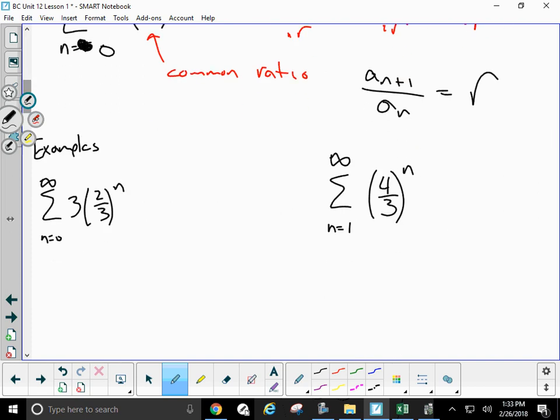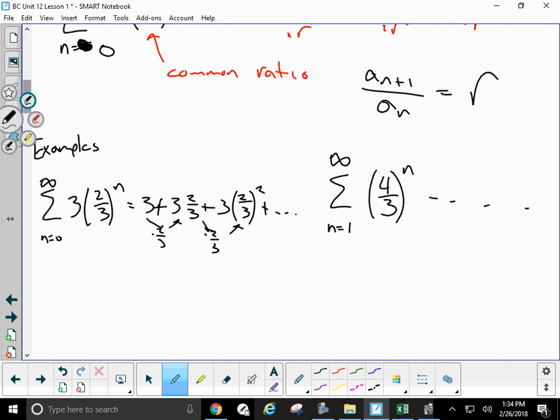Here, n starts at 0, so I have 3 plus 3 times 2/3 plus 3 times 2/3 squared, etc. This times 2/3 times 2/3 gives us the next term. Same one here. I'm not going to go into that one.